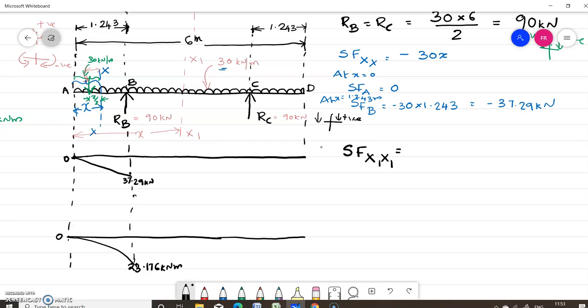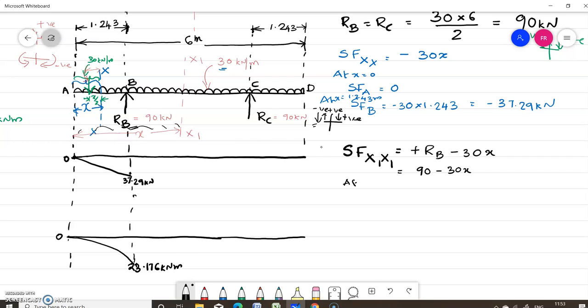So the left of the section downwards is negative and upwards is positive. So here you have RB acting upwards. So upwards is positive, left upwards. So it is plus RB minus the load for the span portion x distance. It is acting downwards, so it is negative, minus 30 into x. So value of RB is 90 kilonewton minus 30x.